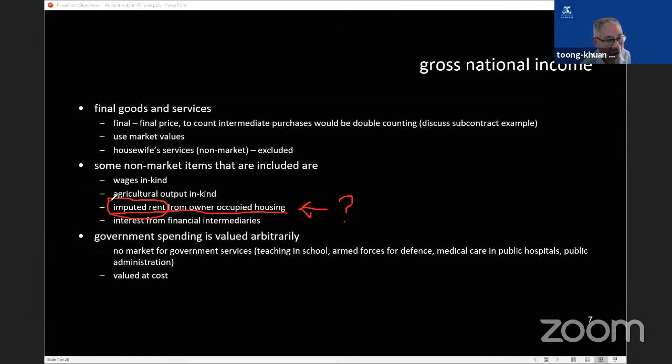Because that goes into national income. What value do we use to assess the value of renting my own house? It is equivalent to how much you would rent it out if you don't live in the house. So same quality of house, how much would that rent be?